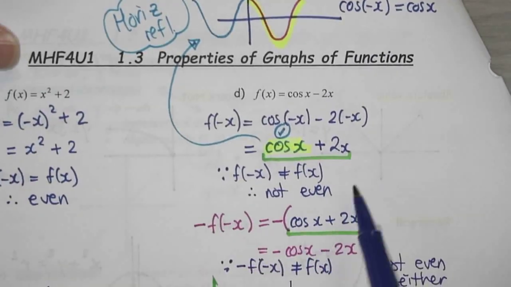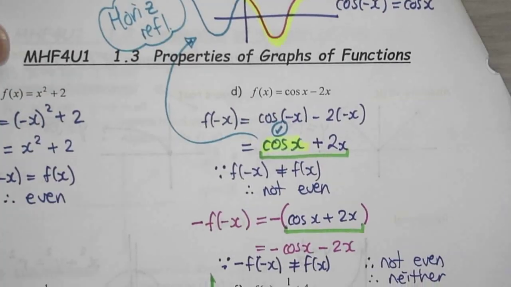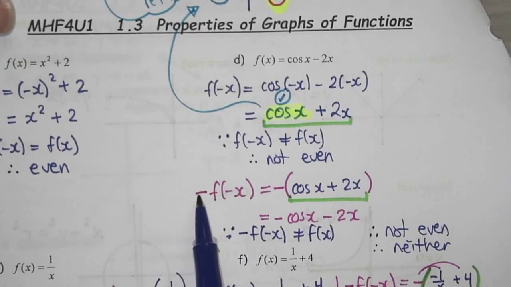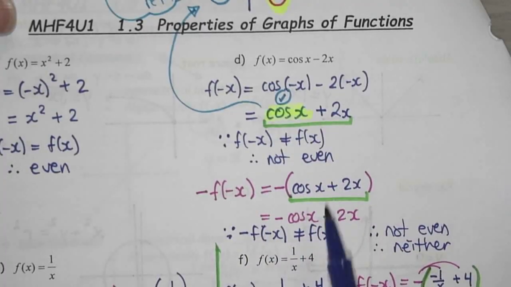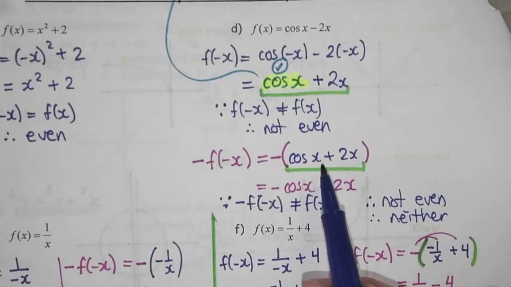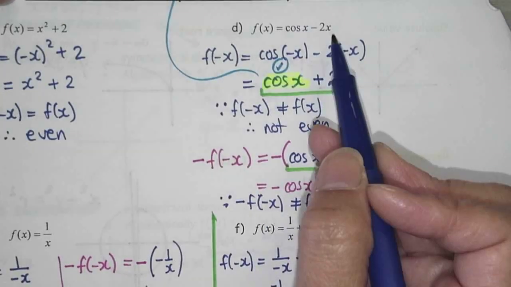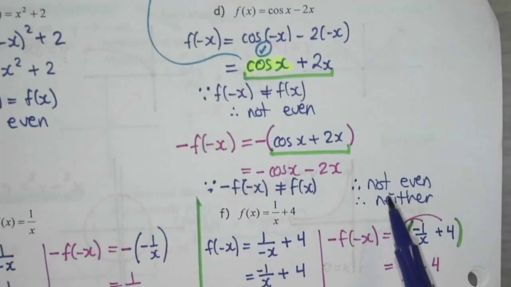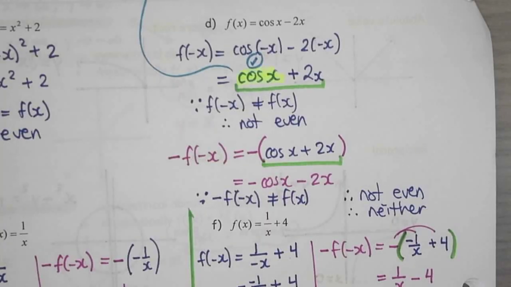So plus 2x, I looked at it. It is not the original, so I concluded not even. Then I took my answer here. I stuck a negative in front of this answer here. I grabbed it. You don't have to show the highlight, but that's what I'm grabbing here. I put the bracket around it to emphasize, brought the negative in, and then I went, oops, looked back, still not the original. So I said, therefore it's not, oh, that's a mistake, isn't it?